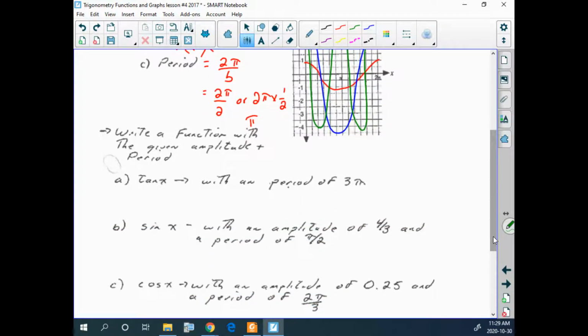Now, another way of asking these type of questions, we are asking you to write a new function with a given amplitude and period. So we have tangent with a period of 3 pi.